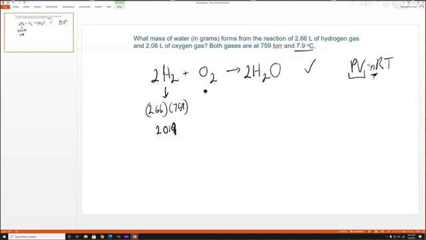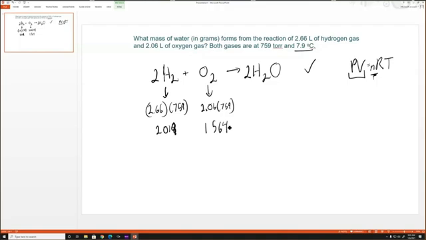The next one for O2, you have 2.06 liters, and the pressure is the same, 759. And since the pressure is the same, you could even just compare the volumes, but let's be a little bit better than that, because that's not the case all the time. And here you have 1,564 if you want to round.